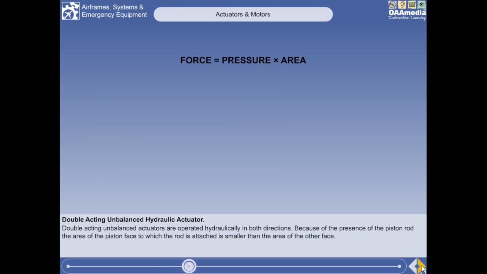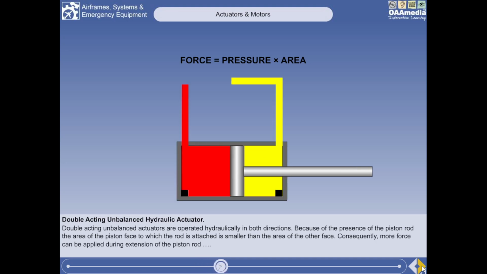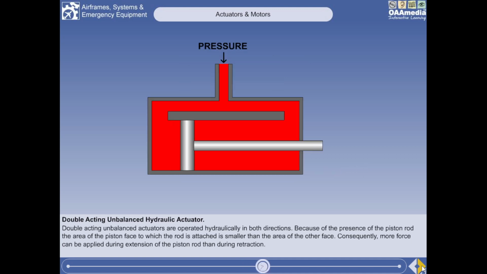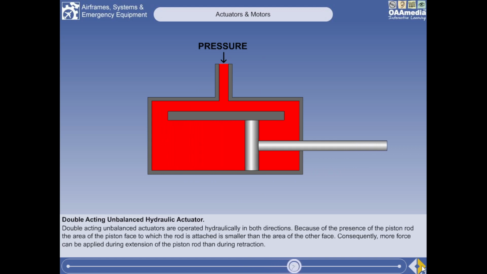As we know, force is equal to pressure multiplied by area. So more force can be applied during extension of the piston rod than during retraction. If equal pressure is supplied to both sides of an actuator of this type, because of the difference between the areas on the two sides of the piston, the ram will extend.